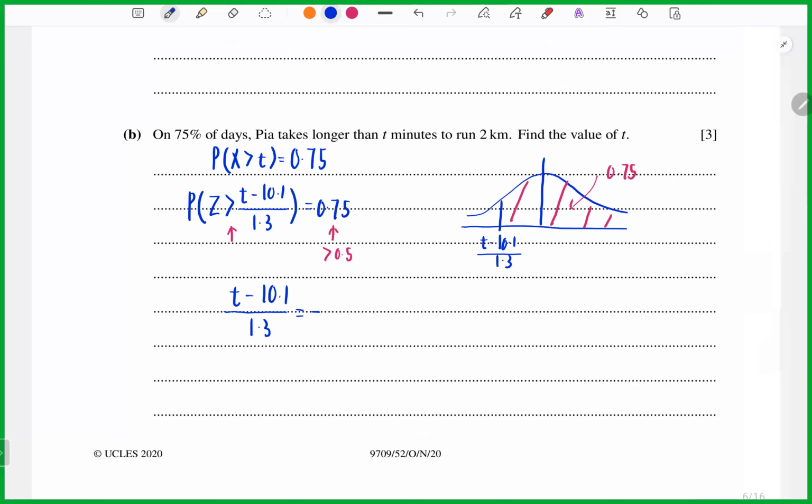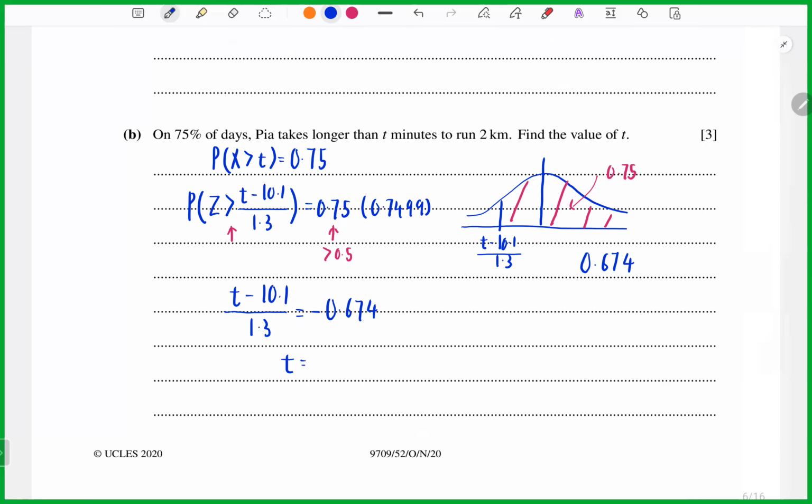Now you see it's 0.75. Actually, you need to change to 0.7499, because you didn't get the exact value. Then you can take 0.674.